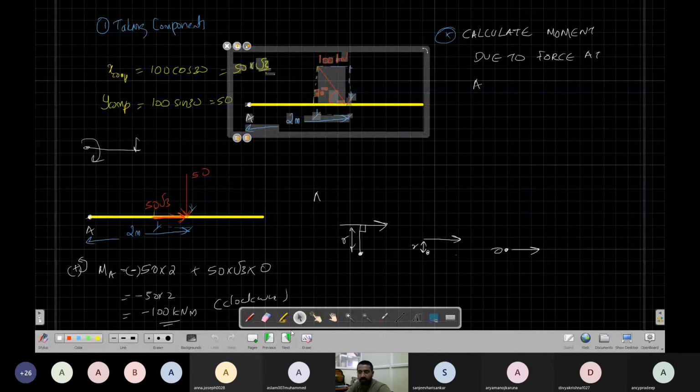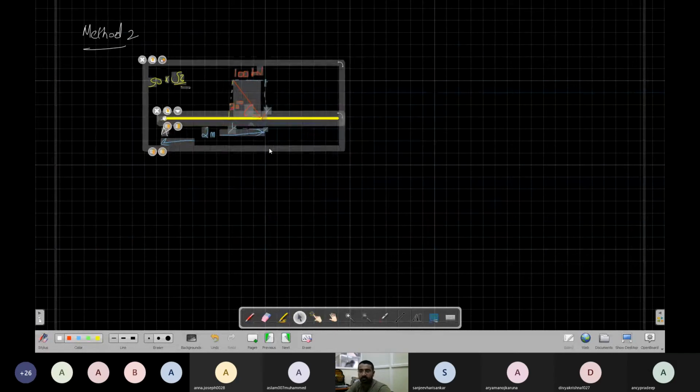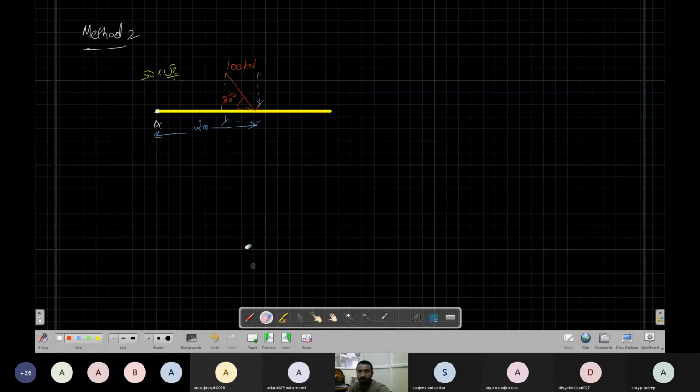So let's copy this. What I'll do is extend the line of action of the force. This is the line of action of the force.